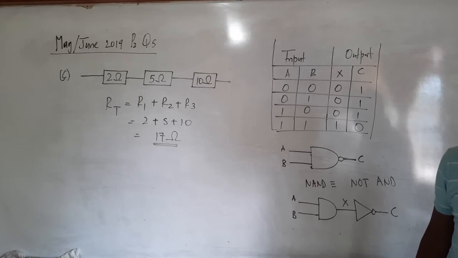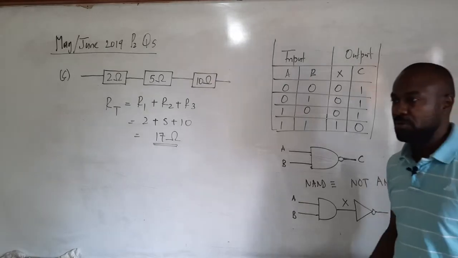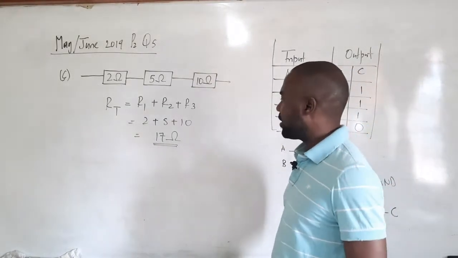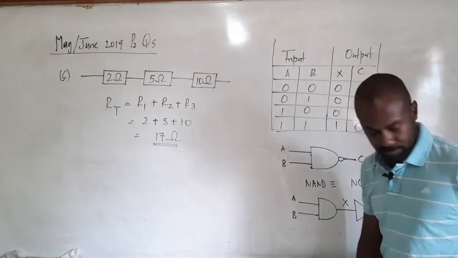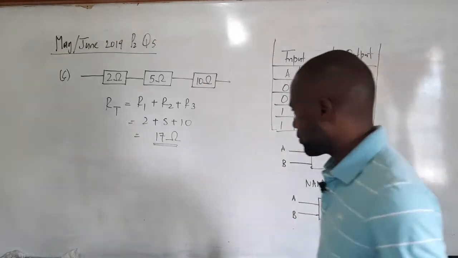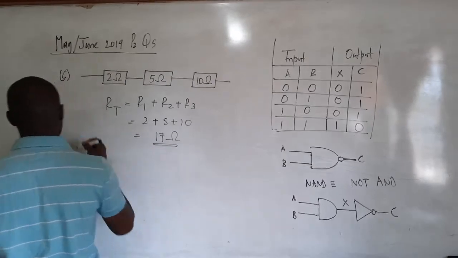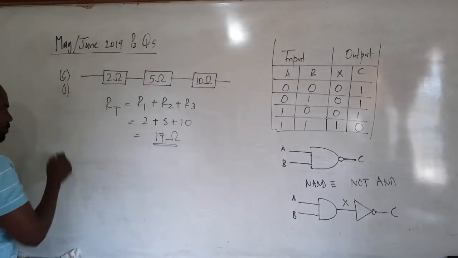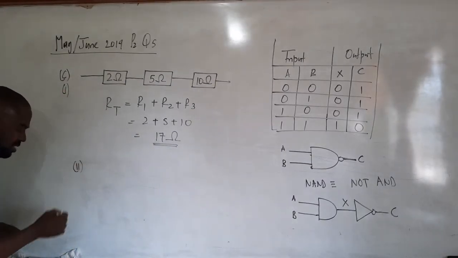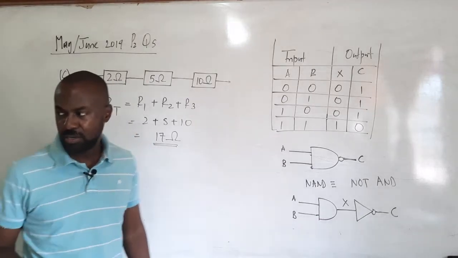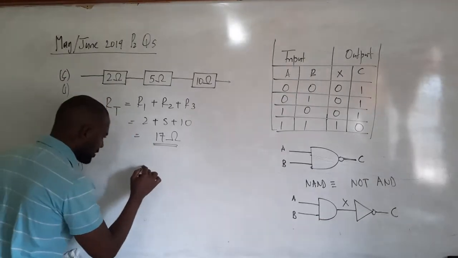All right, part 2 of C throws the same 3 resistors, but this time they're connected in parallel, right? So this was C part 1. Part 2 shows the same 3 resistors, but this time they're connected in parallel. So let's just represent that circuit.